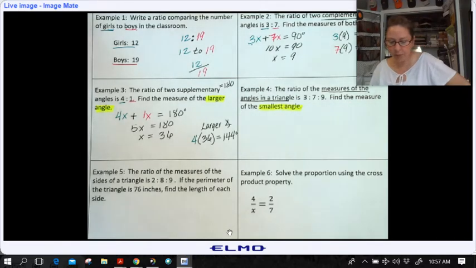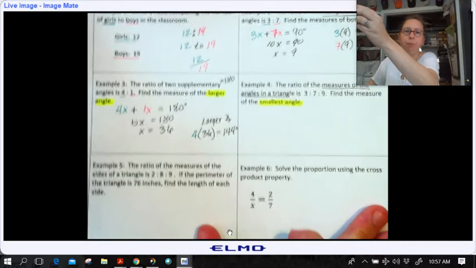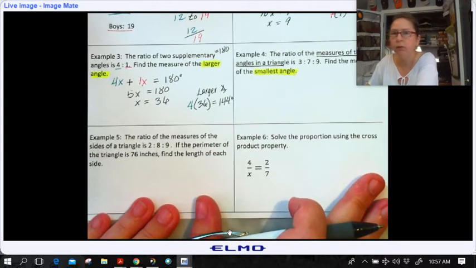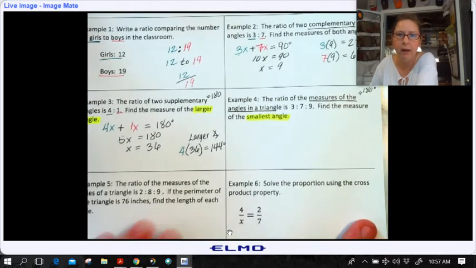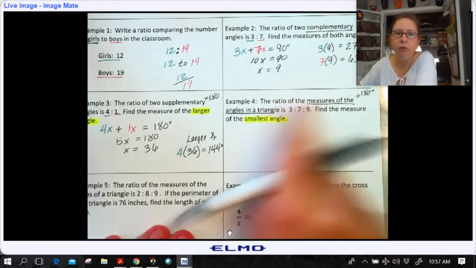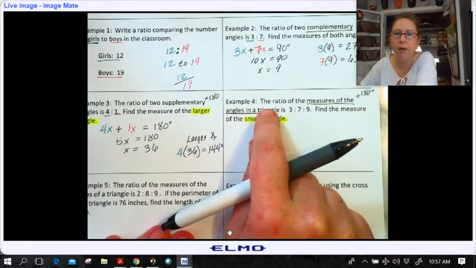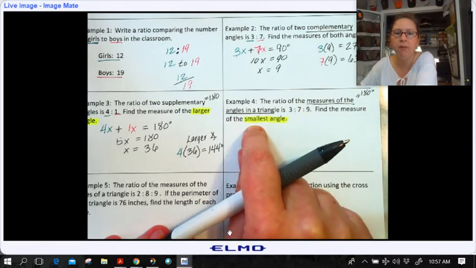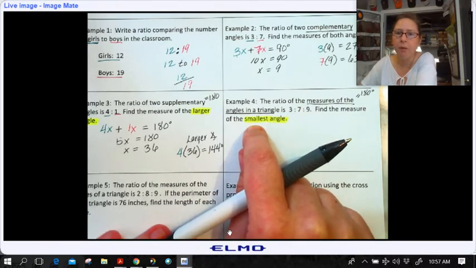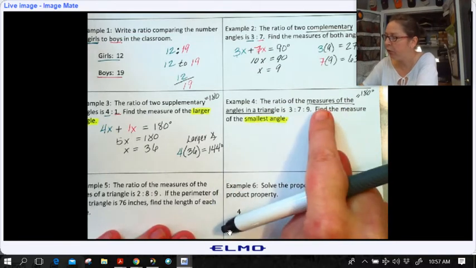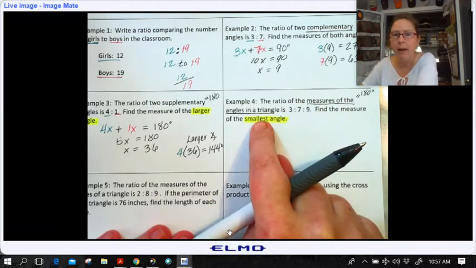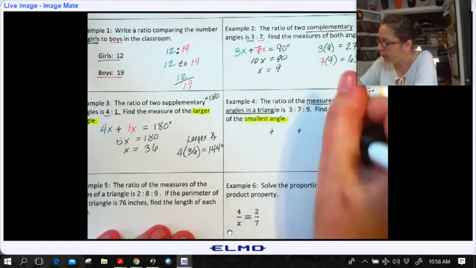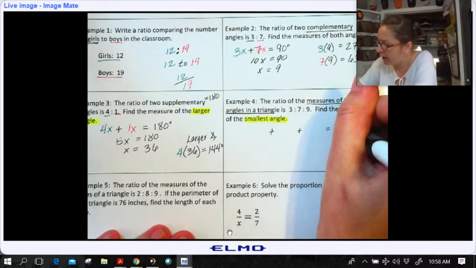Let's look at example 4. The ratio of the measures of the angles in a triangle is 3 to 7 to 9. Find the measure of the smallest angle. I want you to remember that the 3 measures of every triangle add up to equal 180 degrees.